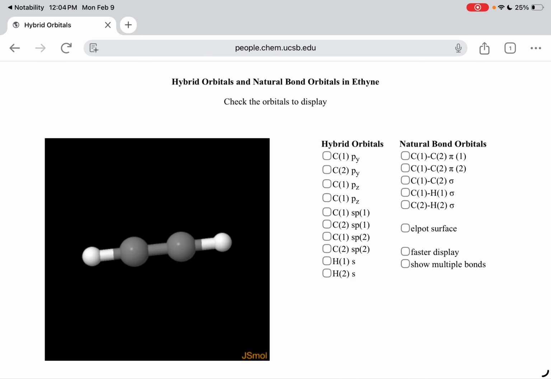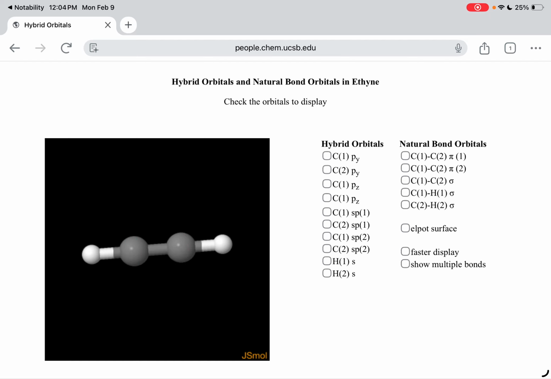2 carbons, 2 hydrogens. So first, let's look at the sigma bonds. One that's coming from the carbon on the left overlaps with the carbon on the right. That's the sigma bond between the carbon and the carbon.